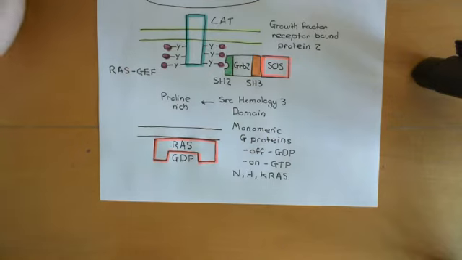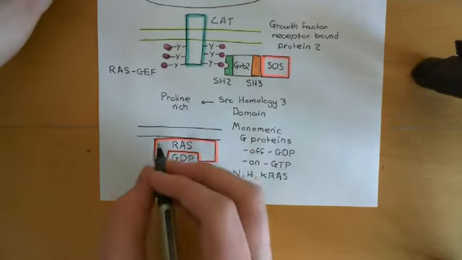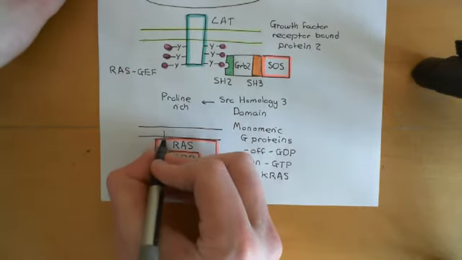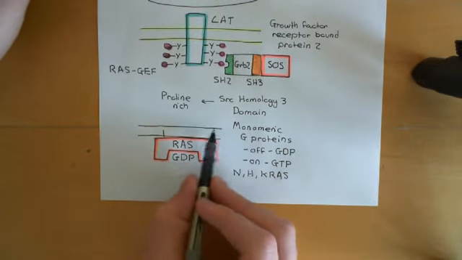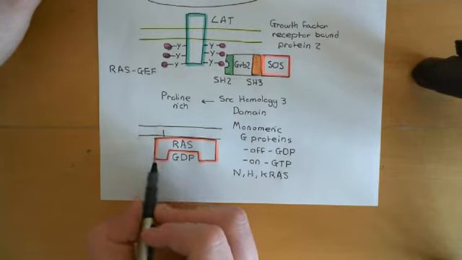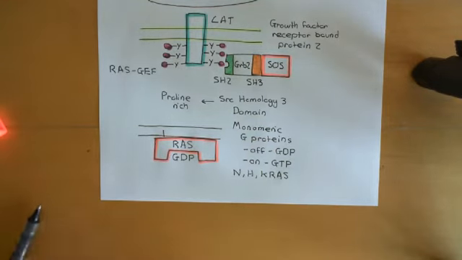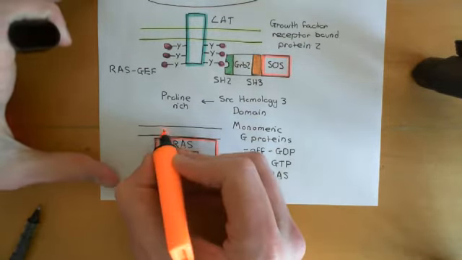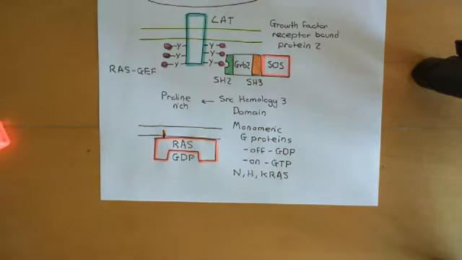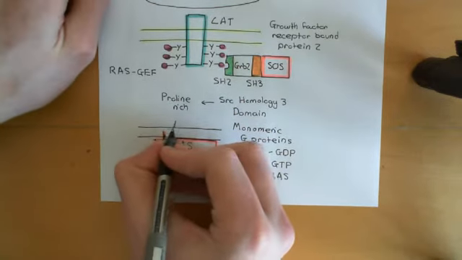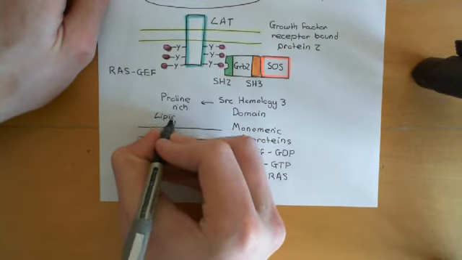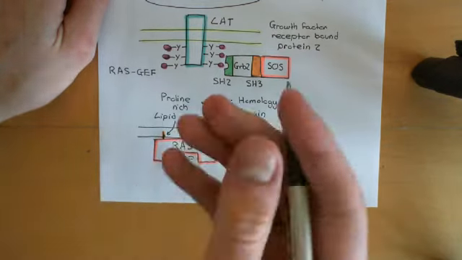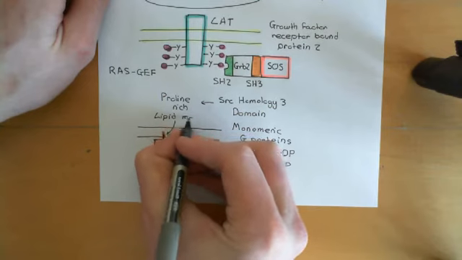Okay, now, they are not an integral membrane protein. However, they are attached to the underside of the phospholipid bilayer, which is why I've shown the phospholipid bilayer just above this protein here. Okay, and the way that they are attached is by a lipid moiety, which is this orange line here. So basically the idea here is that you attach on some molecule which is very hydrophobic, which sticks off the side of the protein.